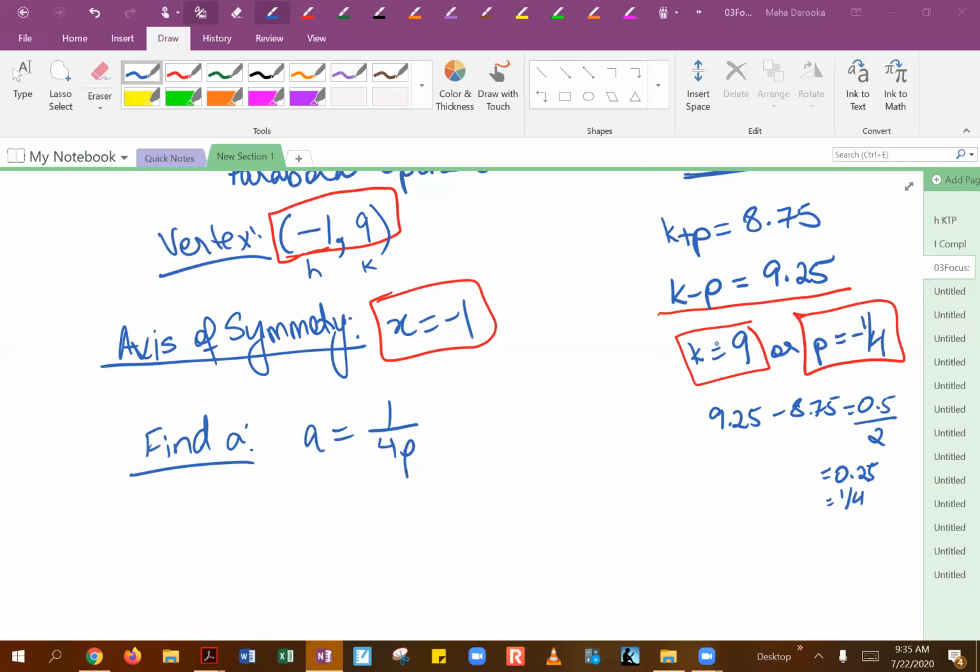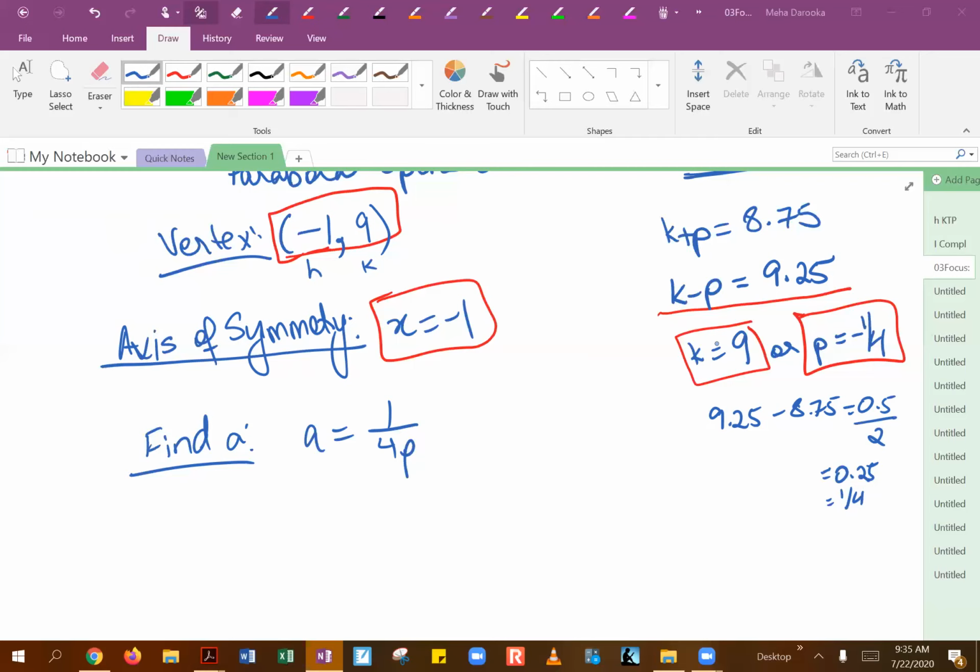So our p-value, remember, is -1/4. Since you have 4 on the top and 4 on the bottom, these 4s can cancel each other out, leaving us behind with 1 divided by -1, which basically gives you an a value of -1. So we have in the transformation form everything that we need.